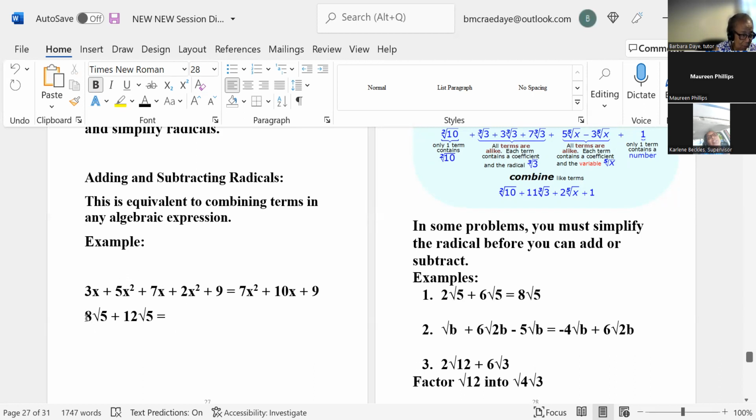So what's 8 plus 12? 20, right? And then you just repeat the radicals. So that would be 20 times the square root of 5.